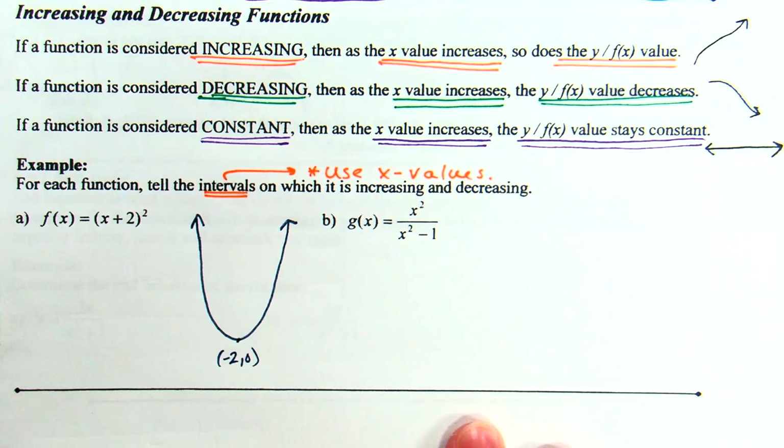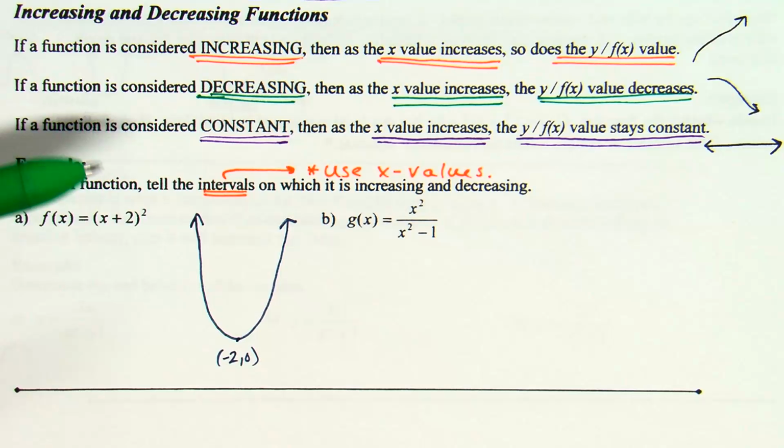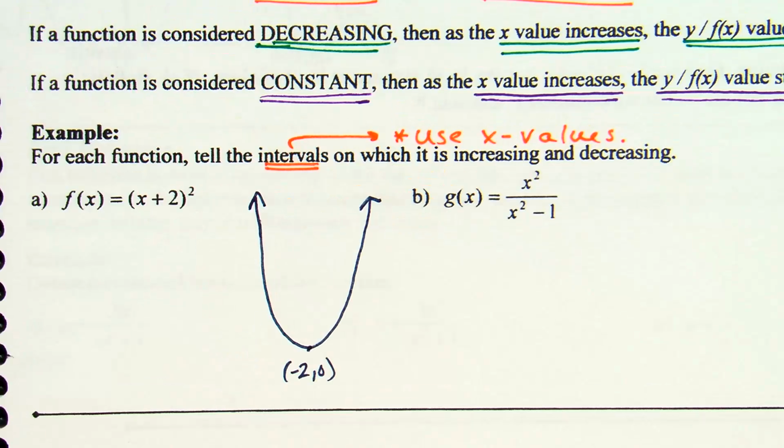Now, okay, I like to think in terms from left to right. As I start in the farthest left portion of my graph, what is my graph first doing? If I'm starting at the farthest left, so the farthest left here is right over here.